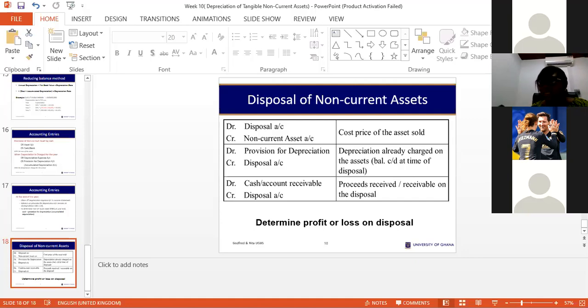Now we must note that if the amount of cash received is more than the balance standing on your disposal, the cost column, then you have a profit on disposal. But if the cost price of the asset is still more than the provisions and the amount you have received, then you have a loss on disposal. It means that after using it, you made a loss. Of course, it all depends on how you bargain.